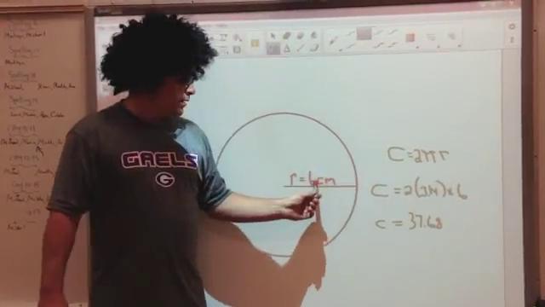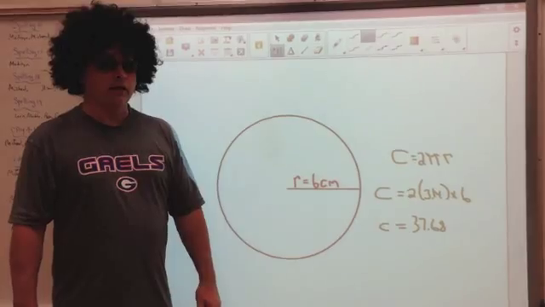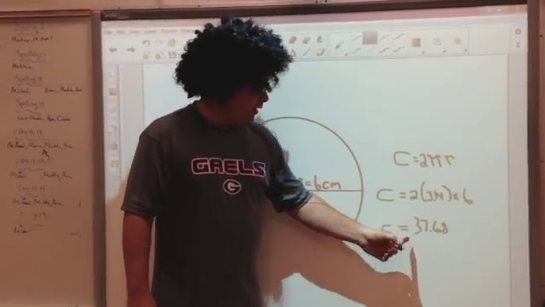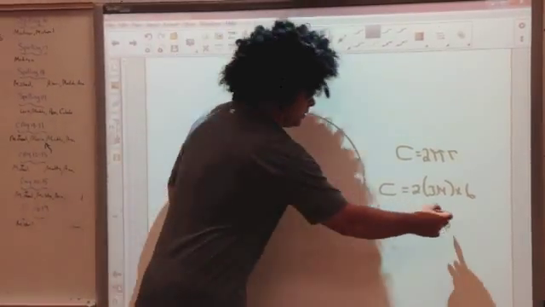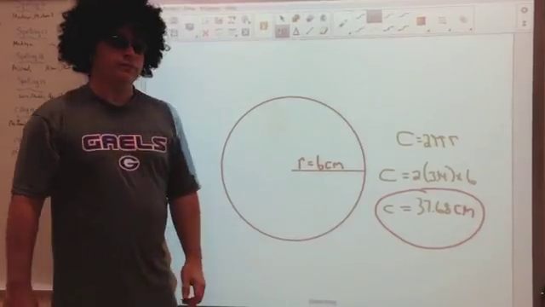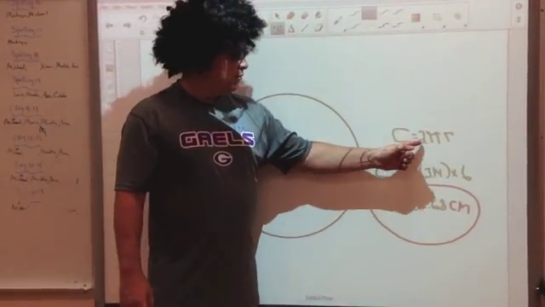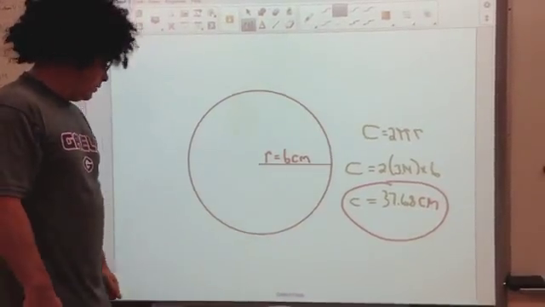The radius is 6, so we multiply that by 6. Use the calculator. We get 37.68, and our units, can't forget that, is centimeters. And that's all we do. Plug in pi, plug in your radius, put it in a calculator, and Bob's your uncle.